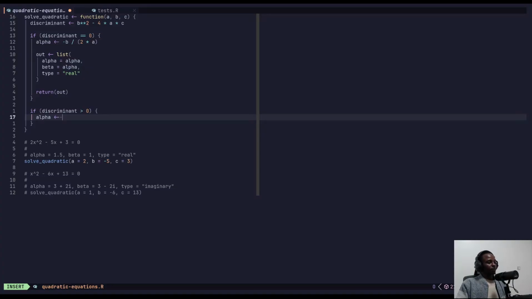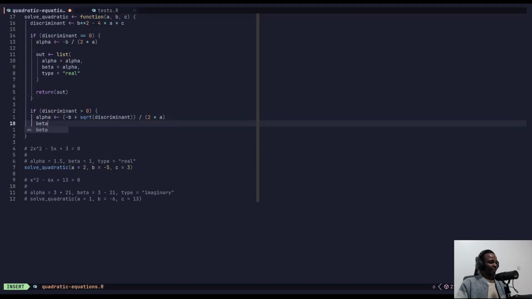For alpha, this is going to be negative b plus the square root of the discriminant, and all of this is over 2 times a. So alpha becomes negative b plus the square root of the discriminant, all over 2a.